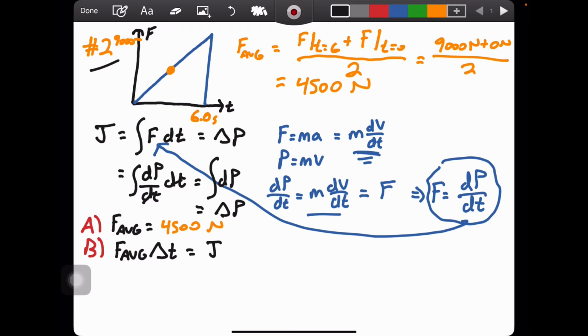mini rectangle like this, where the width would be dt and the height, if you can imagine, this is a very, very negligible width dt. So you can imagine that there's going to be some value of force, and that's essentially the height of the rectangle, and the width of the rectangle is dt.